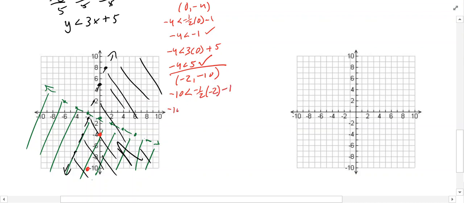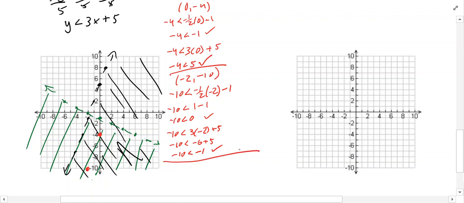So then I get negative 10 is less than 1 minus 1, so negative 10 is less than 0. So that was true. Then I'm going to check the second equation. Negative 10 is less than 3 times negative 2 plus 5. So negative 10 is less than negative 6 plus 5, so negative 10 is less than negative 1, which is true.